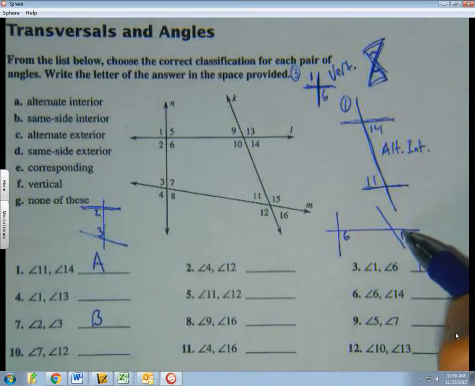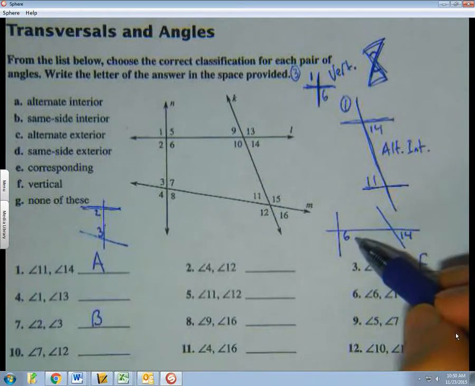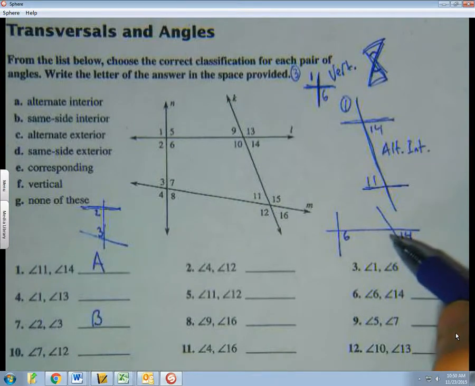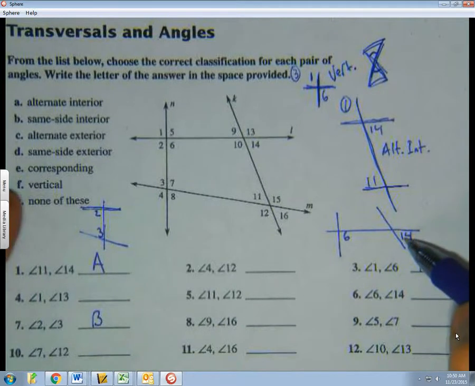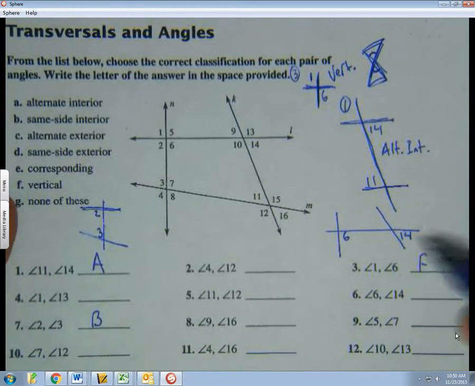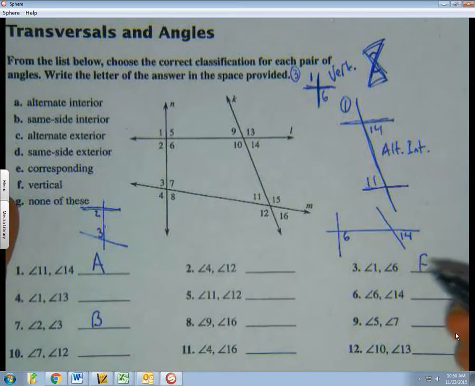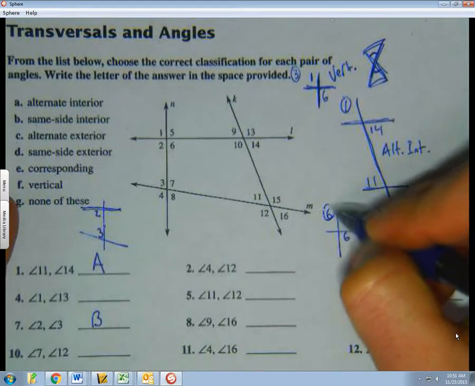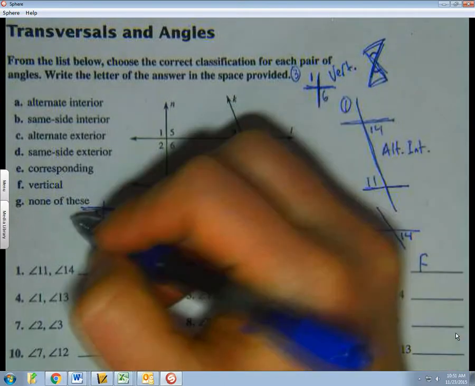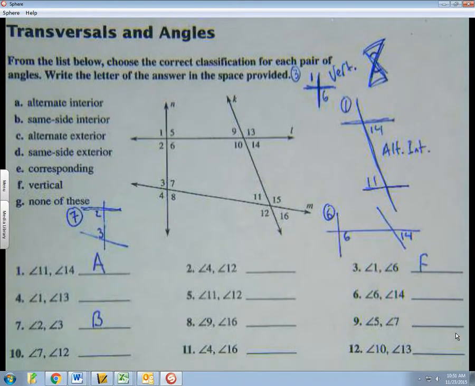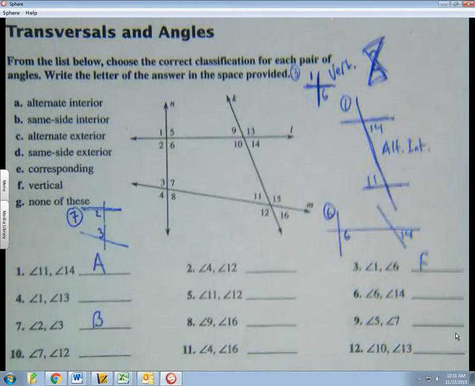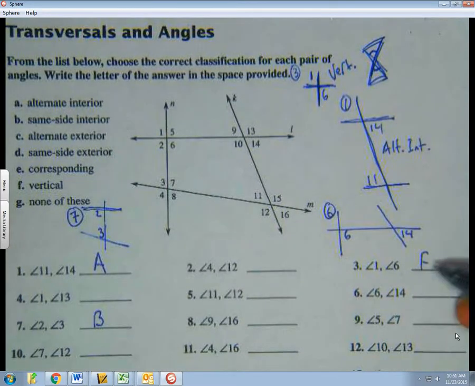All the other ones have been consistent to date. So when one's inside and one's outside, that's what we call corresponding. So 6 and 14, and this is problem number 6, problem number 7. 6 and 14 are called corresponding.